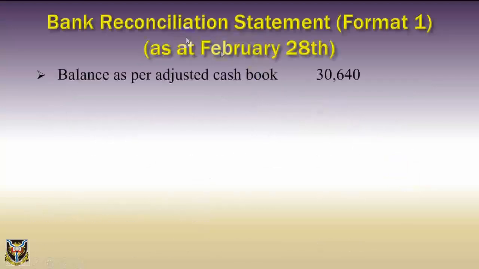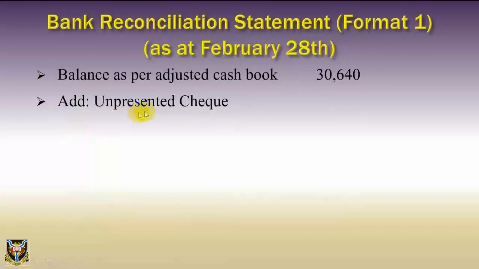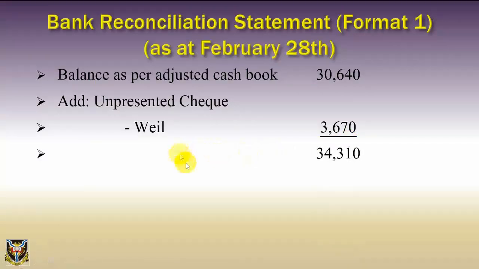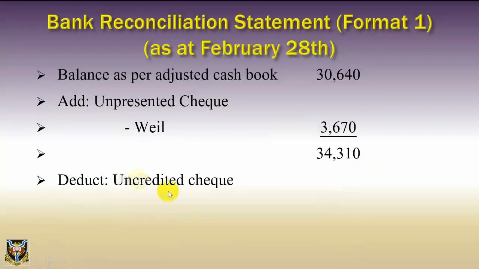Bank reconciliation statement, format 1, as at February 28th. Balance as per adjusted cash book 30,640. Add unpresented check, Whale, 3,670. Total 34,310. Deduct uncredited check, Crayford, 7,350.